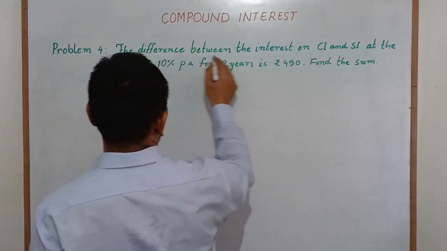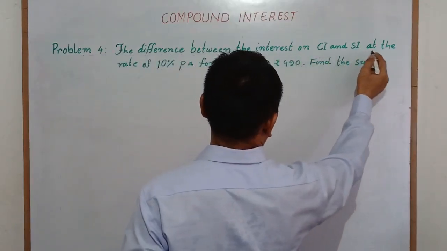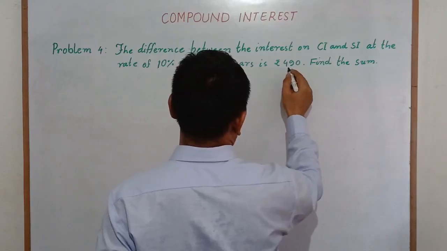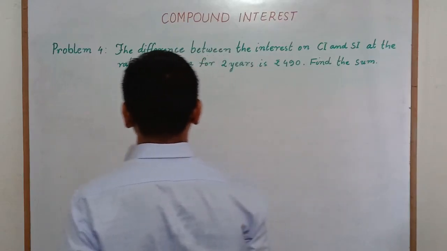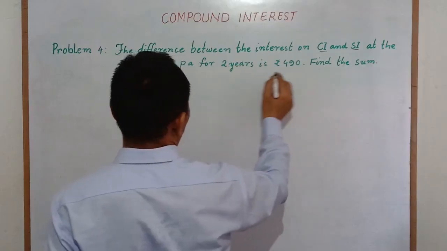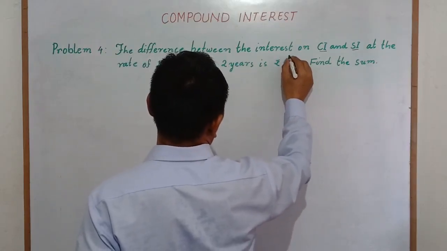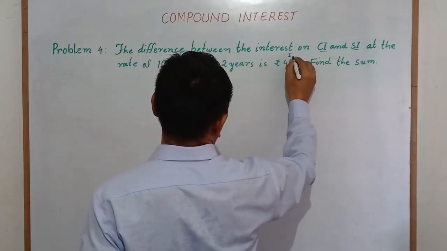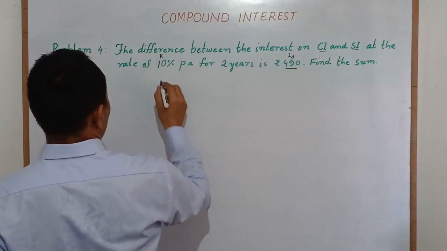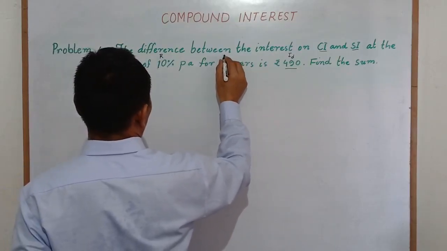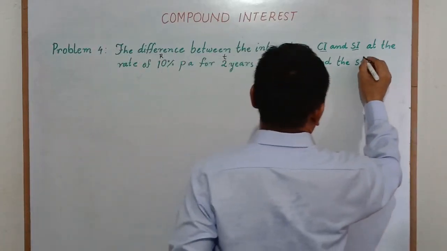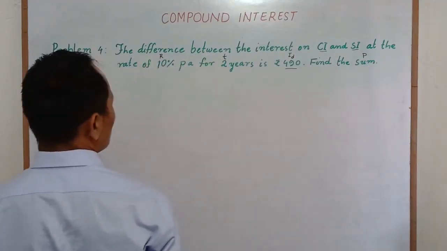Problem 4. The difference between the interest on compound interest and simple interest at the rate of 10% per annum for 2 years is rupees 490. Find the sum. The difference in interest is rupees 490.